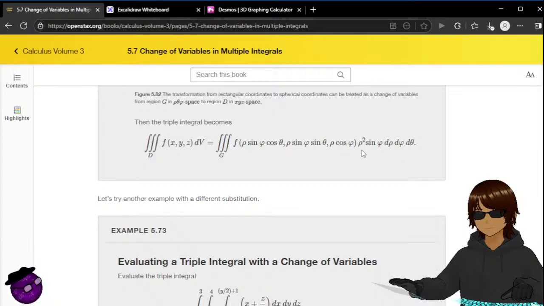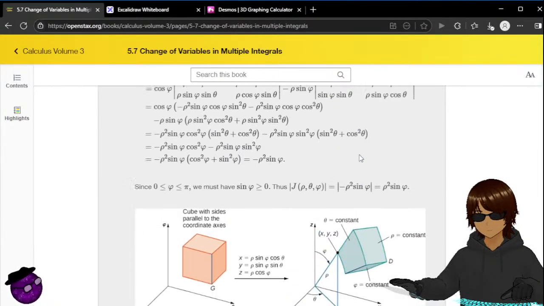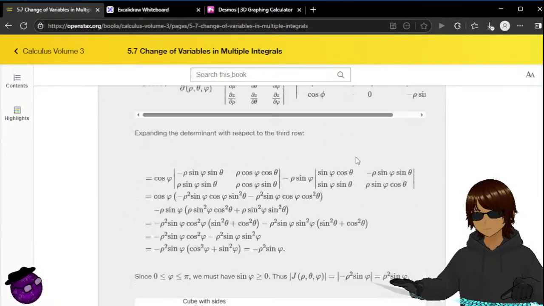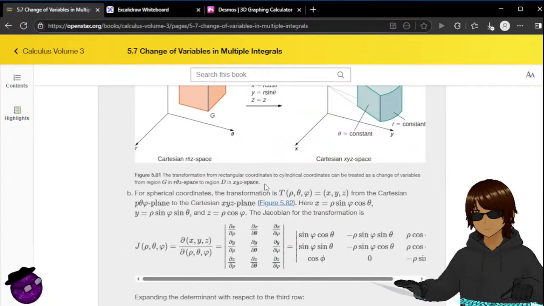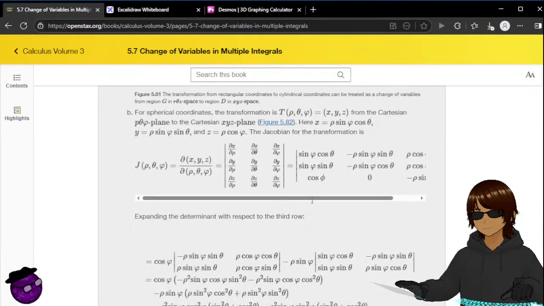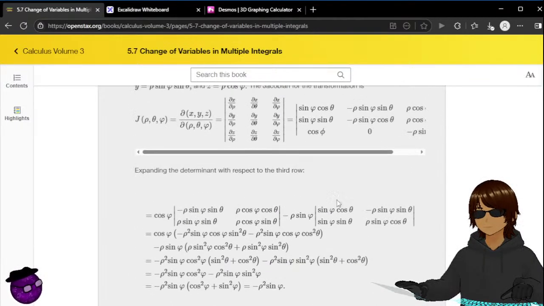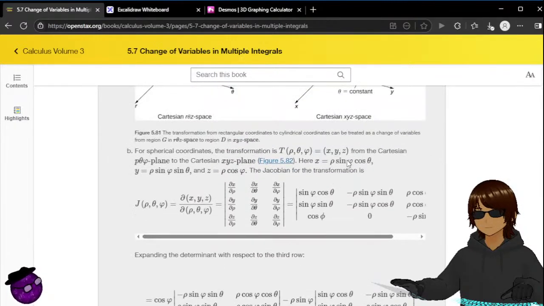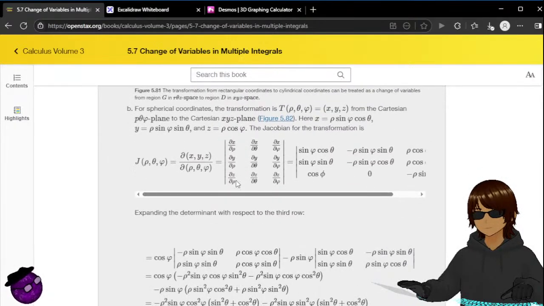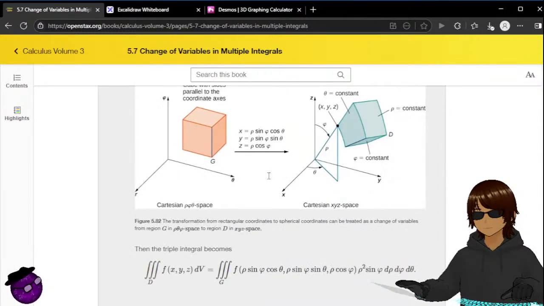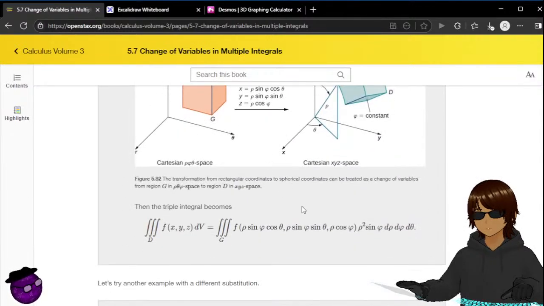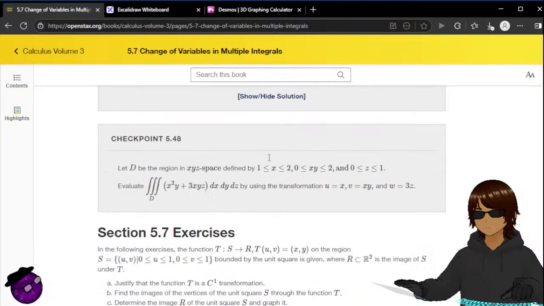For the spherical, yes, we have rho, theta, phi. Rho is the length, right? And theta is from the x, and then phi is from the z. Okay, I think I will read this one off stream.